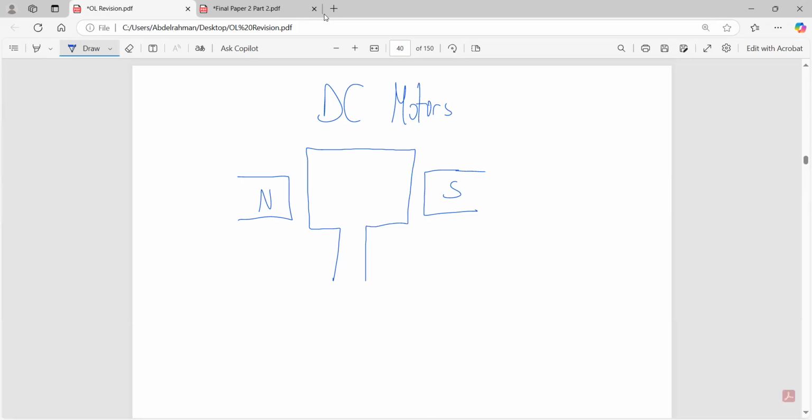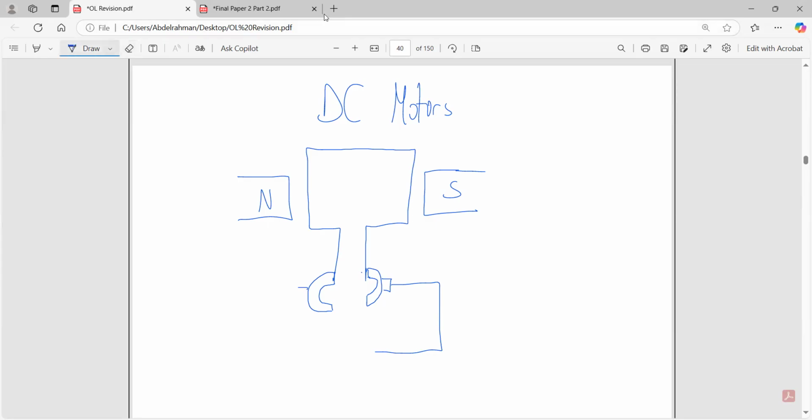This coil has to be attached to a split ring commutator, not a slip ring, a split ring commutator, which is a very crucial part of this DC motor. Split ring commutator and brushes, which are connected to, you need to draw the brushes. Am I required to actually draw a DC motor in the test?